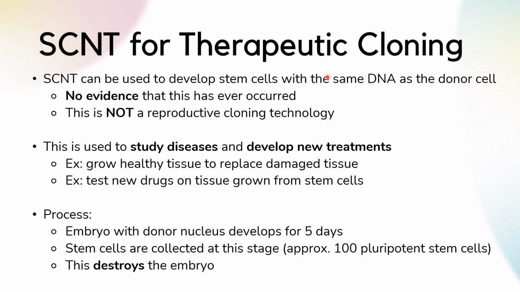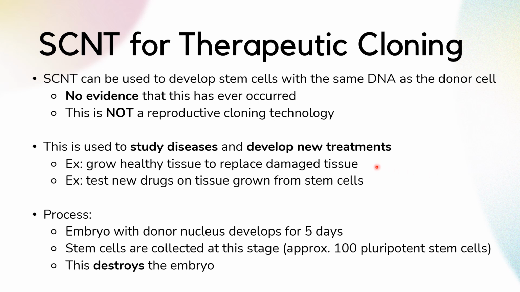Somatic cell nuclear transfer, however, can be used for therapeutic cloning. So this is cloning for medical therapy reasons. We can use it to develop stem cells with the same DNA as the donor cell. However, we have no evidence of this occurring. But this is not a reproductive cloning technology. This is used for medical reasons to treat diseases, for example. So we can also use somatic cell nuclear transfer to study diseases and develop new treatments.